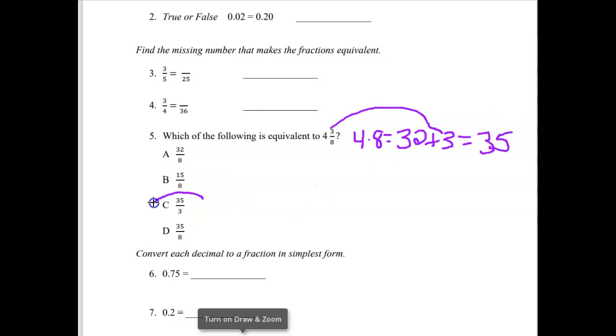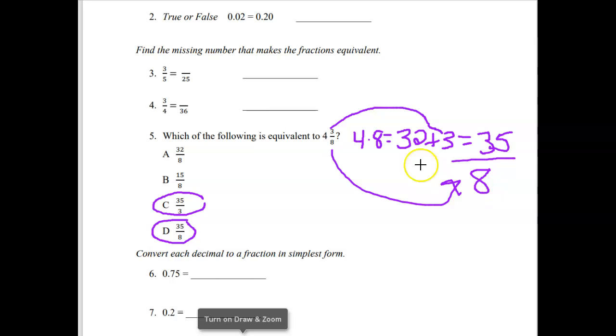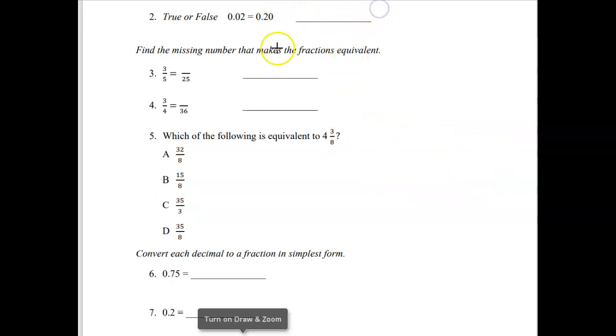Okay, so we have this one and this one that both have 35 in the answer. So which one is correct? What does the denominator need to be? Yeah, we keep it the same. So 35/8 is the correct answer. So this is the one we want here, 35/8. Good.